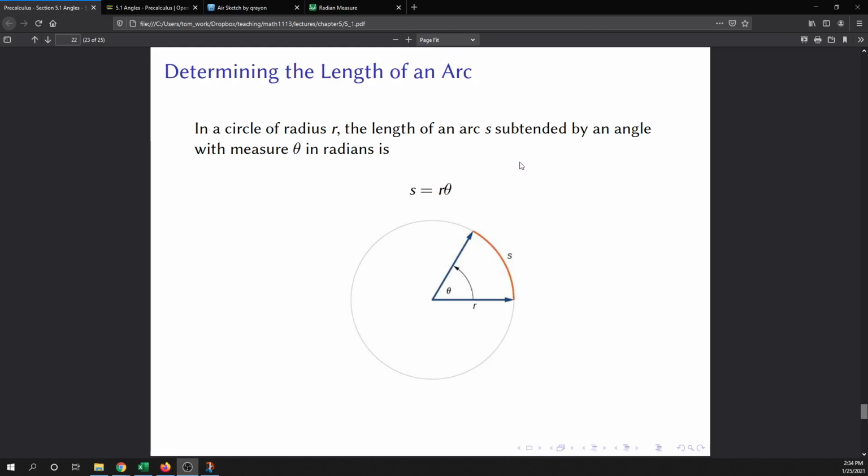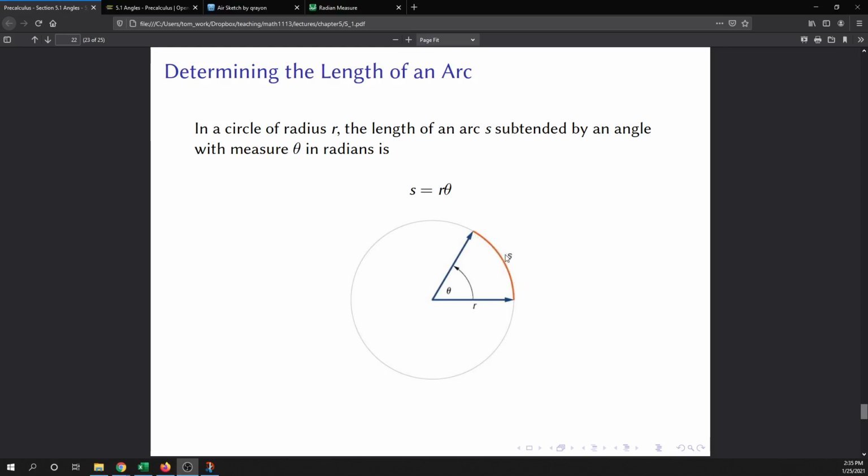And so what we want to be able to do is find the length of that arc given the radius of the circle and the measure of that central angle there. So if you think back to the radian video where I told you how to measure an angle with radian measure, at the very beginning we talked about putting a circle such that the center of the circle was at the vertex of the angle, and then measuring the length of that arc that's cut off by that angle.